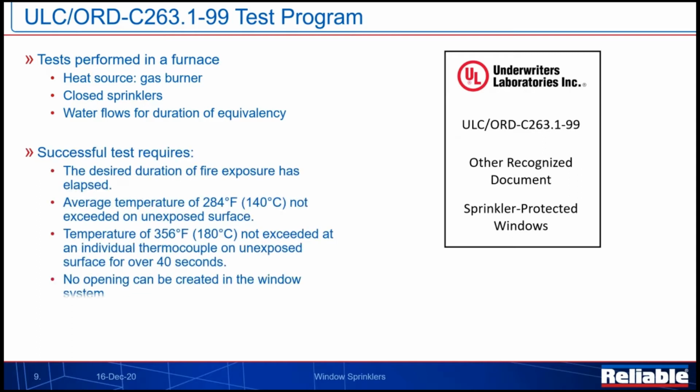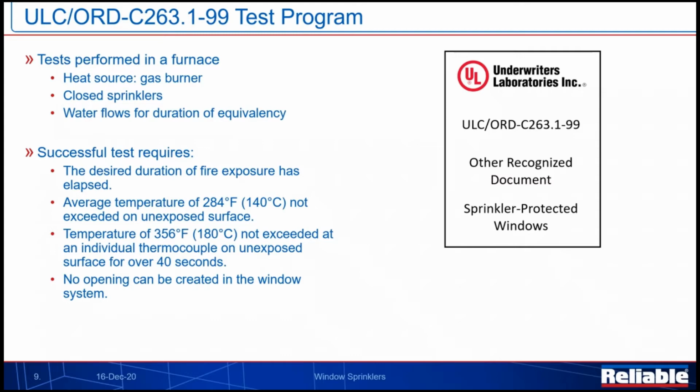And in order to successfully pass this test, we're going to have to, number one, let the time elapse for the fire rating equivalency. We're also going to take some measurements of temperatures, number one being the average temperature of 284 degrees, not exceeded on the unexposed surface. So multiple thermocouples, taking multiple readings, and then we're averaging them together.